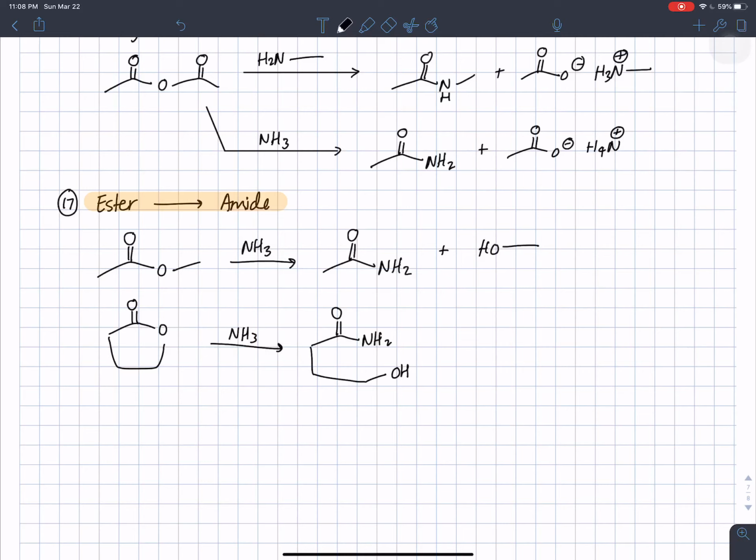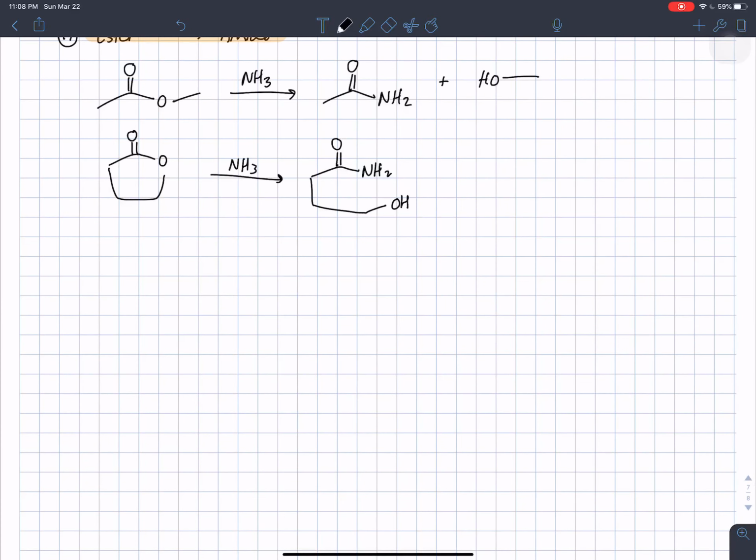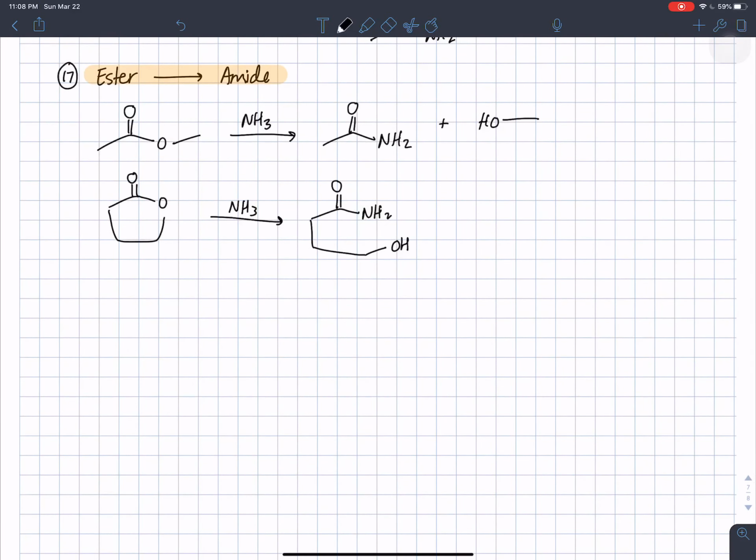But pretty self-explanatory. All right, and then the very last one we have is acyl chloride to anhydride. This is the last one I have. And then we have some random other reactions, but not the derivative ones. So let's take a look at number 18, which is acyl chloride to anhydride.